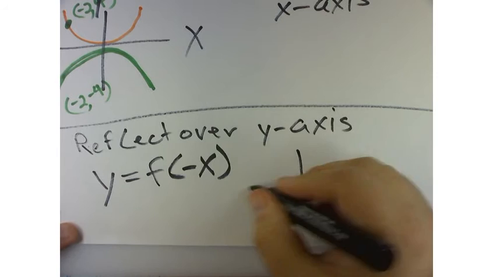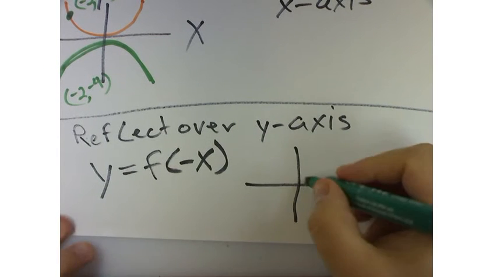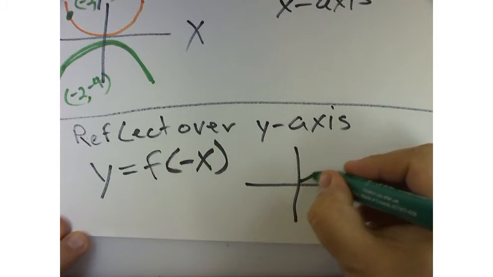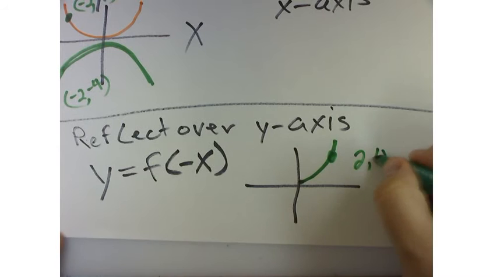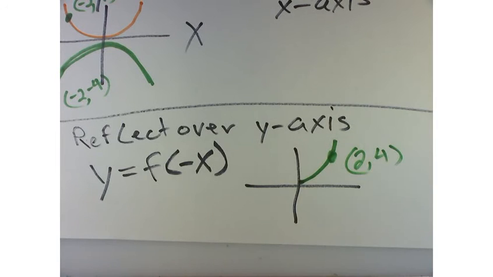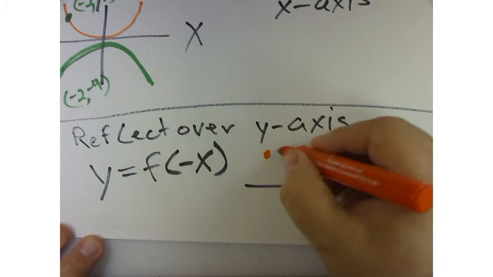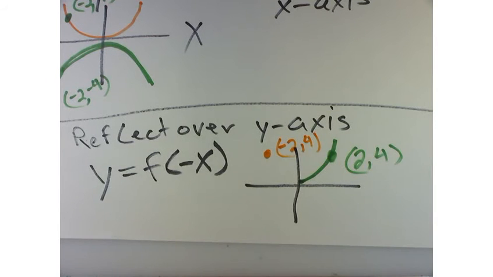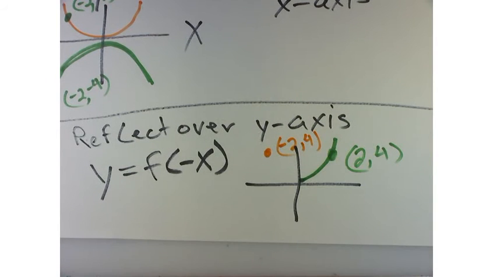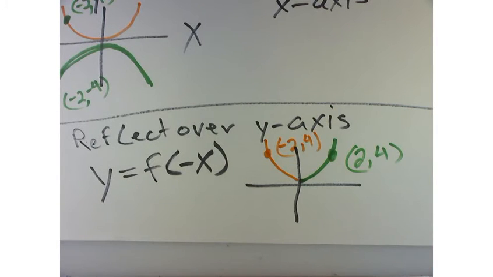So if I had a function that looked like this, and this point here was 2, 4, what do I change or take the negative of? Just the 2, just the x value. So I would have the point -2, 4. Okay? And so if I did that for every point along the green line, what I would have is a reflection across the y-axis. Does that make sense?